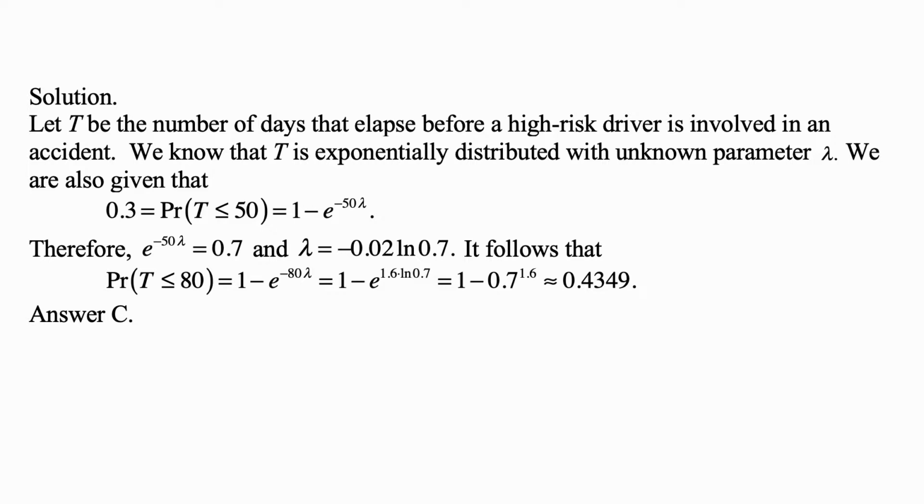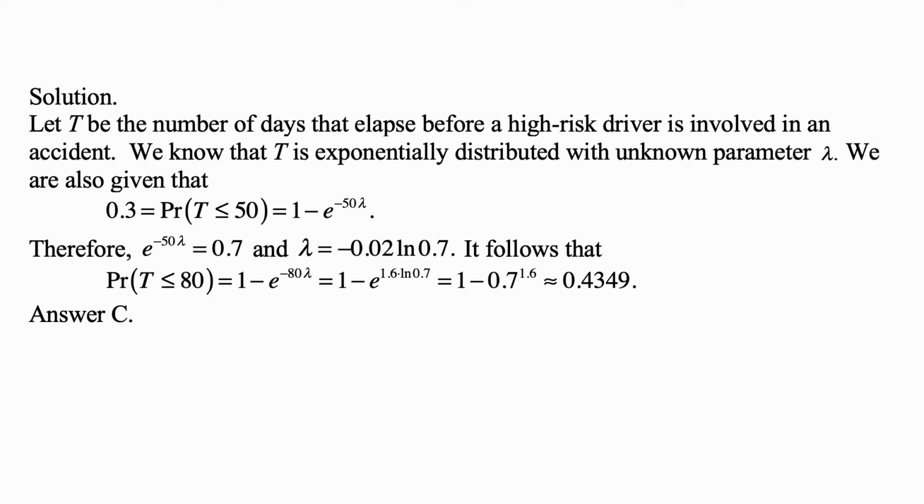You would solve it for lambda by taking the natural logarithm of both sides, so minus 50 lambda is equal to the natural logarithm of 0.7. Dividing both sides by negative 50, we get negative 0.02. So lambda is negative 0.02 times the natural logarithm of 0.7.